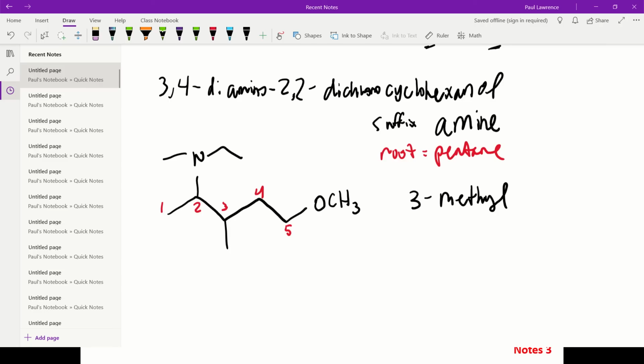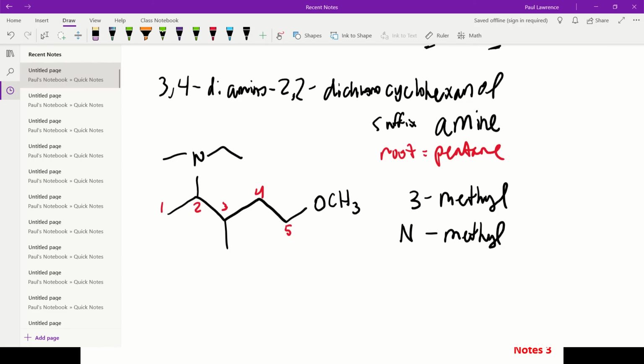So when the alkyl groups are attached to the nitrogen, we see there's another methyl. But how we number it, per se, is you use the letter N. But this letter N is behaving like a number. So this N-methyl is telling us that we have a methyl group attached to the amine.